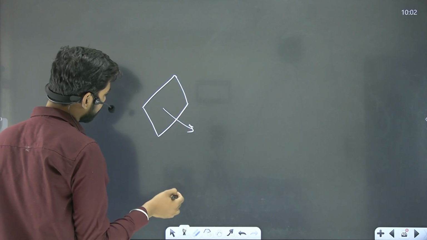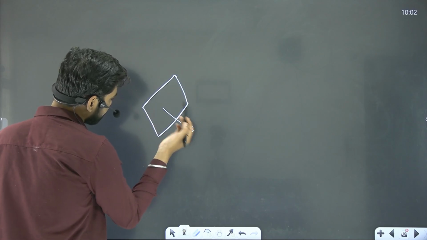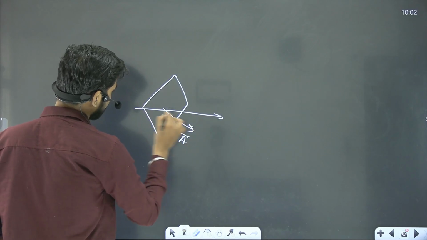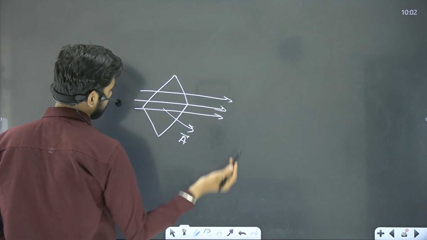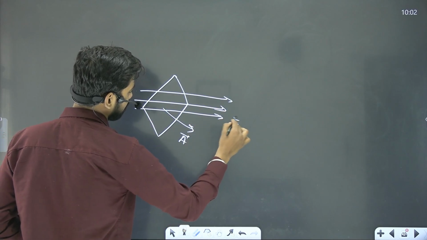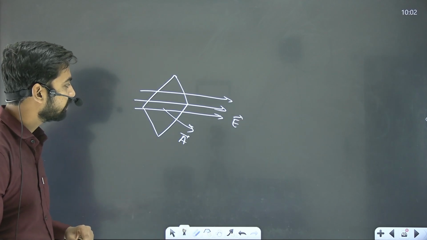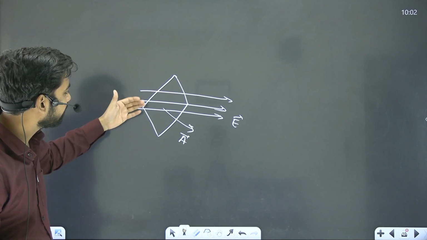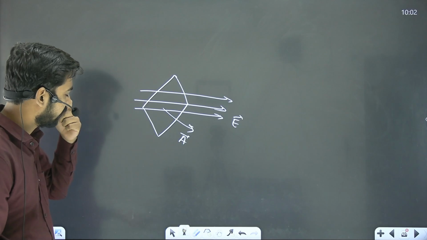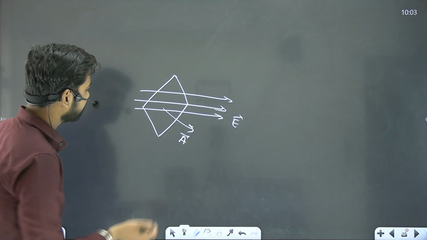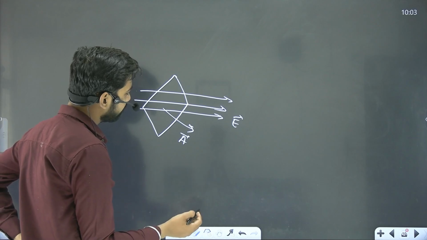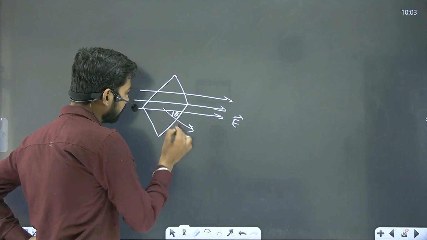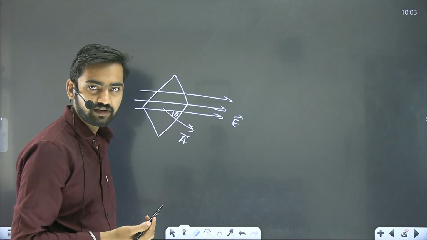Let's suppose this is your surface. The area vector will be like this, perpendicular. And if your field lines are going like this, then how much will be the flux? The number of field lines passing through the surface normally is only known as electric flux. But sir, these field lines are not passing normally. Exactly, that's what I'm telling you. It may be making some angle theta to the area vector.